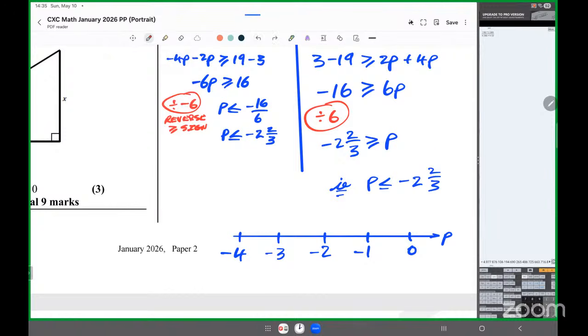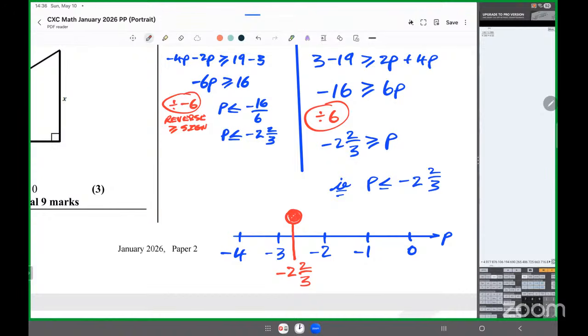That's where the inequality starts. The -2 and 2/3 is close to the -3. We're not quite at the -3, so we're about right here. That's where you have to put your circle, and you have to shade it because it's included in this one.